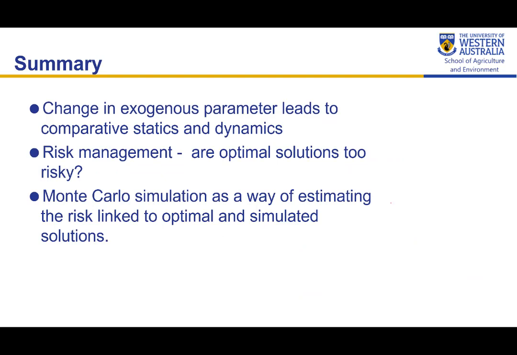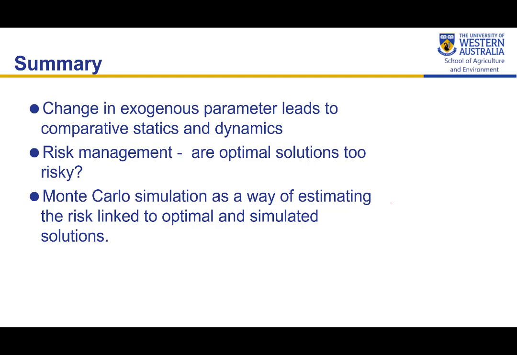So just to summarize, change in exogenous parameters such as the discount rate and the cost of fishing effort leads to comparative static and comparative dynamic analysis. Risk management is more about distributions and simulation and working out whether optimal solutions are too risky, and if the conclusion of the regulator is that they are too risky, then that suggests that the decision variables have to be changed.